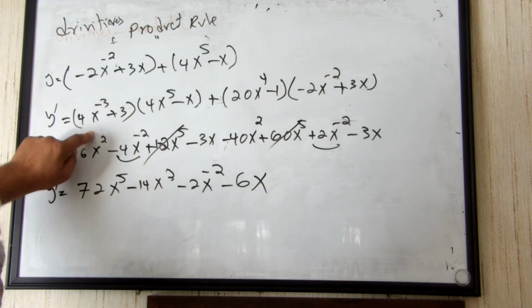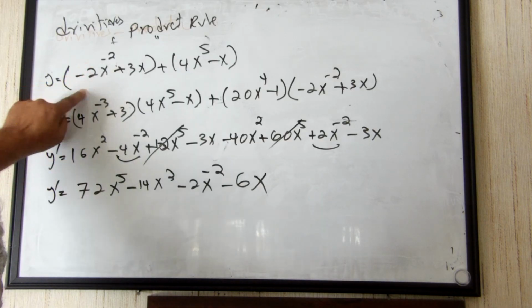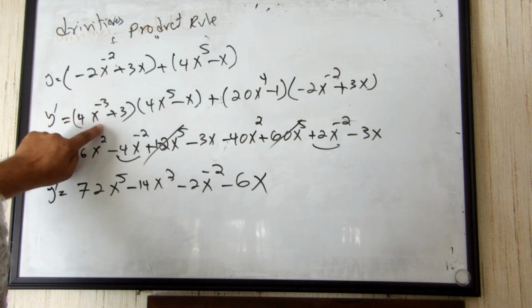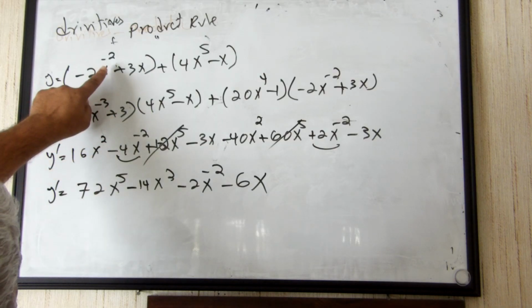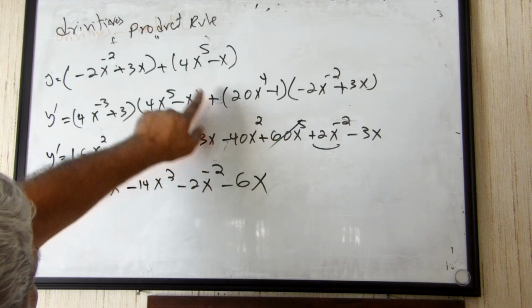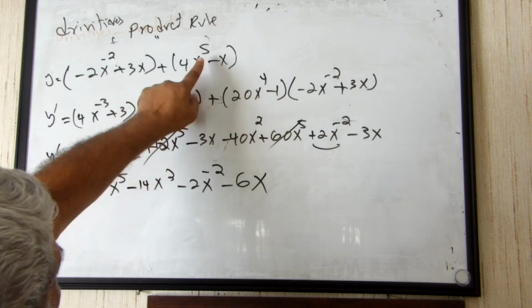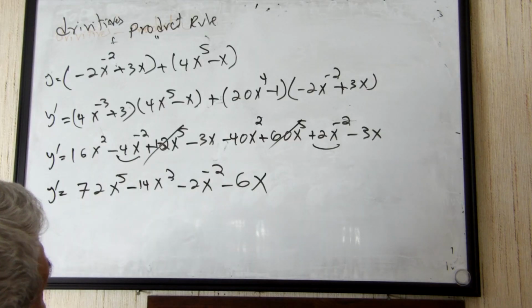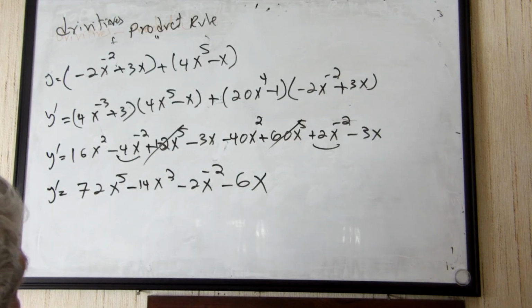The derivative of this one is going to be this: minus 2 times minus 2, 4, x to the minus 3, since minus 2 minus 1 is minus 3, plus 3, and times the whole thing, and then 20x to the power of 4, since 5 minus 1 is 4, and times minus 2x to the power of 2.